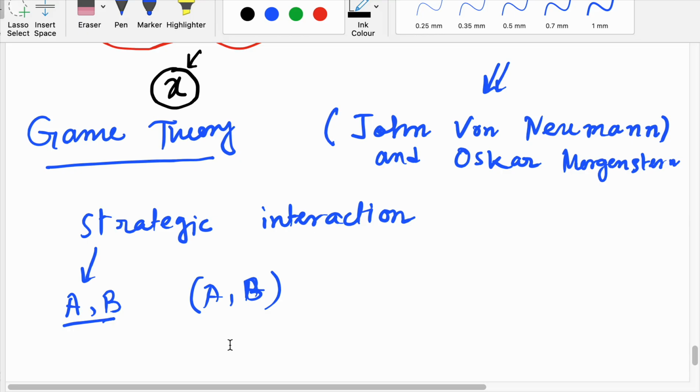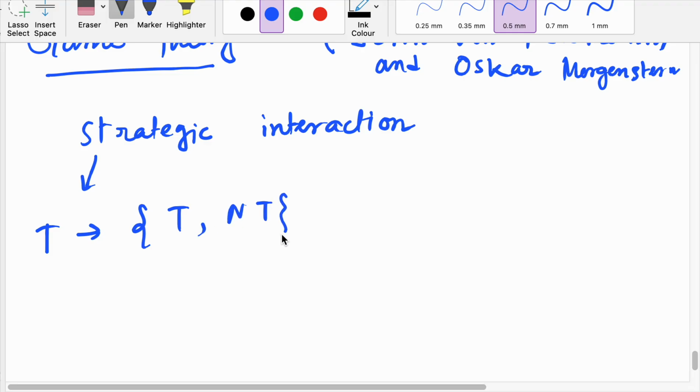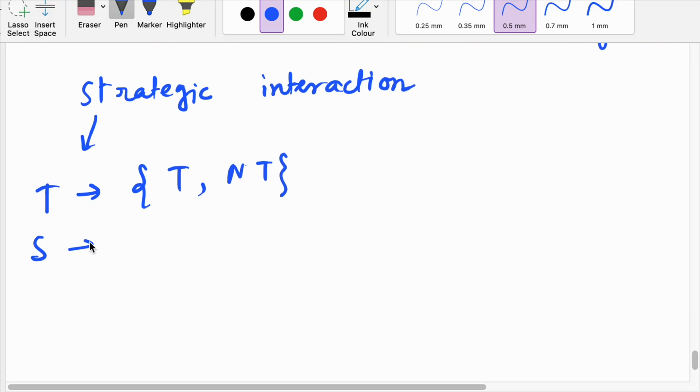This is a strategic interaction. My action could be teach or not teach, and the student's action will be learn or not learn.